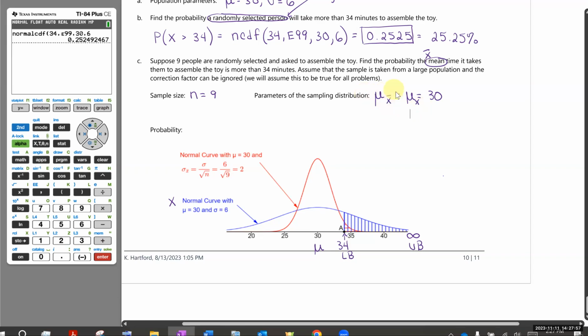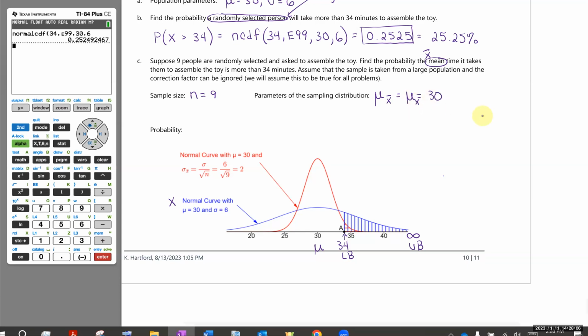So the mean of the sampling distribution is the same as the mean of the original population, and that was 30. The thing that we have to change is our standard deviation when we look at the sampling distribution, and that's sigma divided by the square root of n.